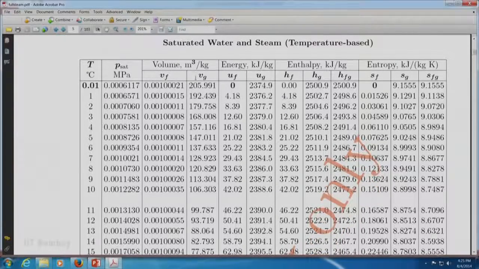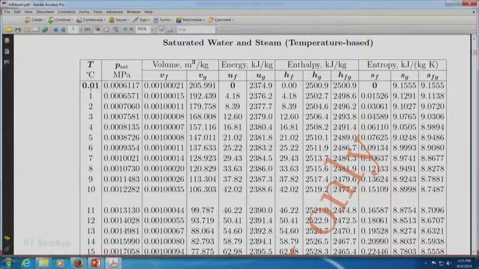So, you can see here saturated water and steam, temperature based, and you can see the first column here is temperature, and the first point is 0.01 degree centigrade which is the triple point. It starts from 0.01 and corresponding Psat T is 0.000617 which I had shown in the snippet.